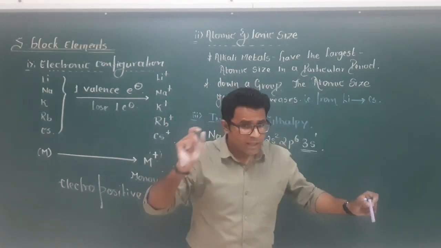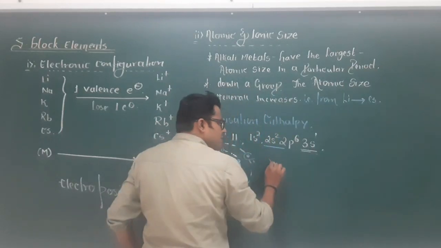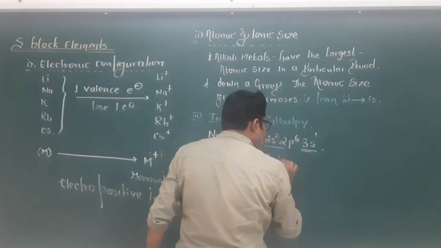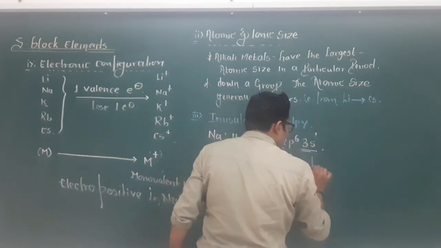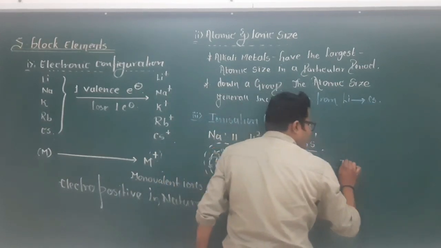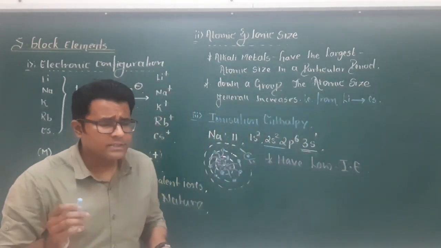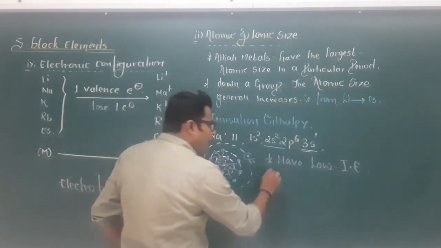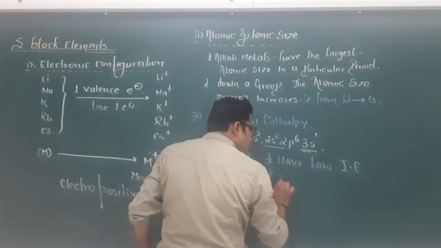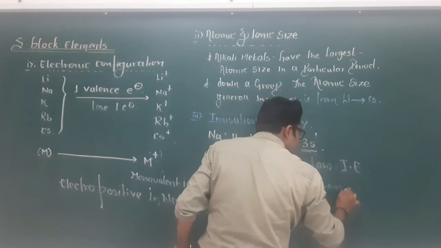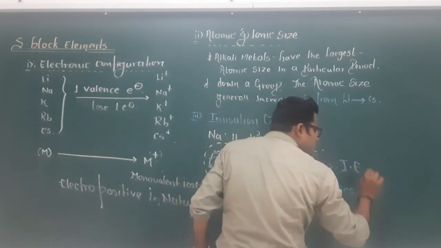So now that means these alkali metals have low ionization enthalpy. They have very low ionization enthalpy, and it further decreases down the group.